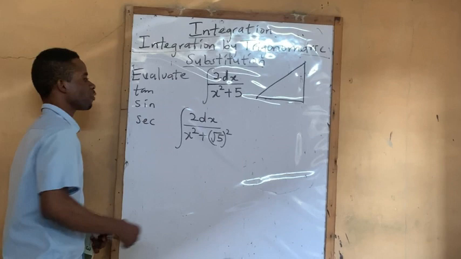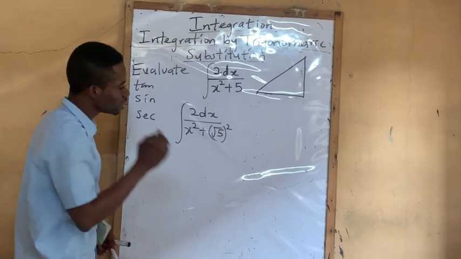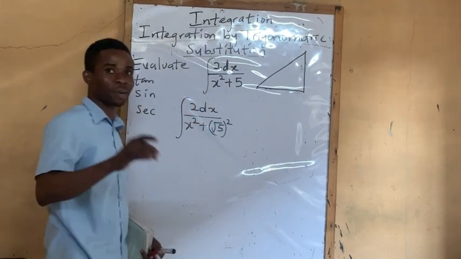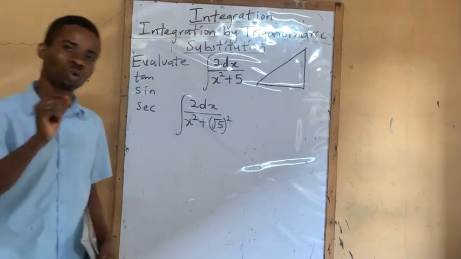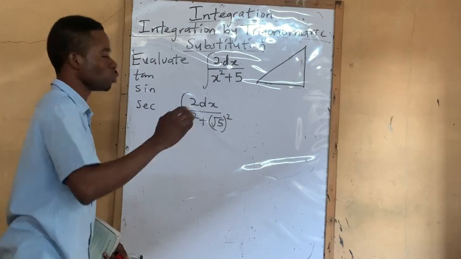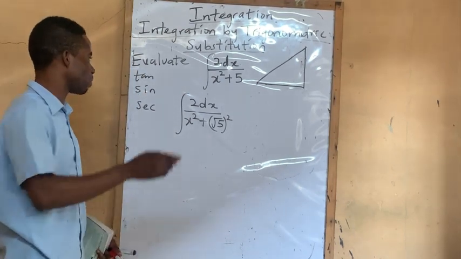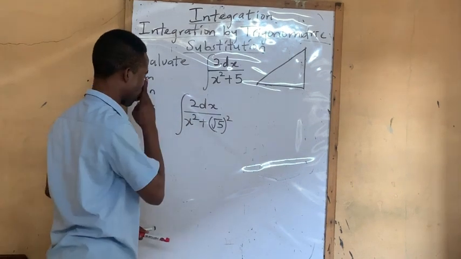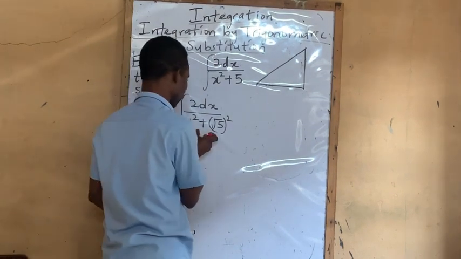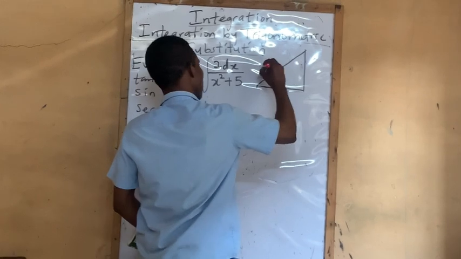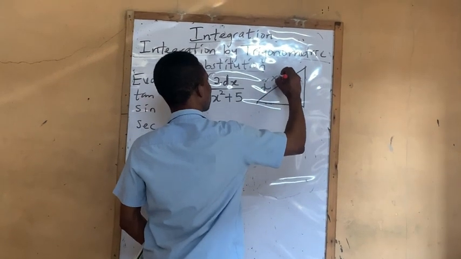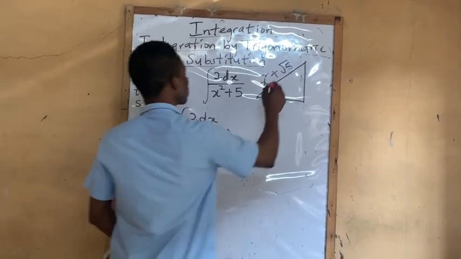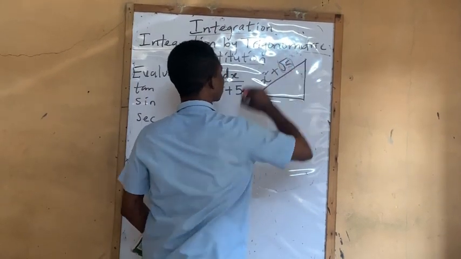Now, when we have it like this, all of these things will be at the hypotenuse side, because according to our Pythagoras theorem, h squared equals o squared plus a squared. If you add it together, h squared will be x squared plus root 5 squared.